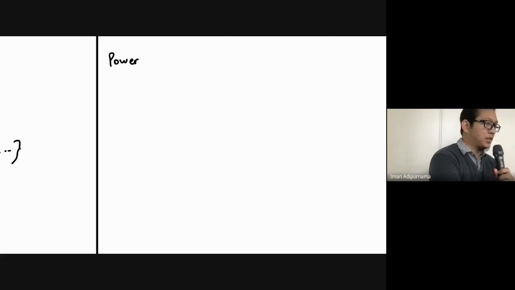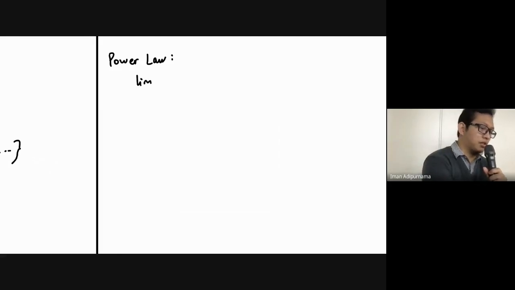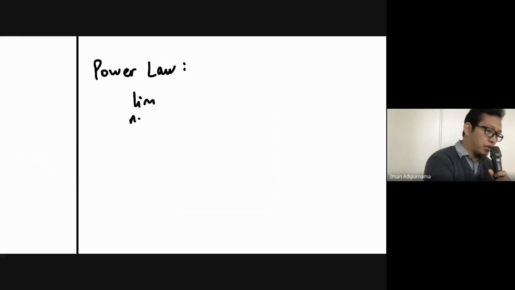I'm just giving several examples that may be important, and maybe you will use it if you have a limit of a sequence, but you have a power like that.